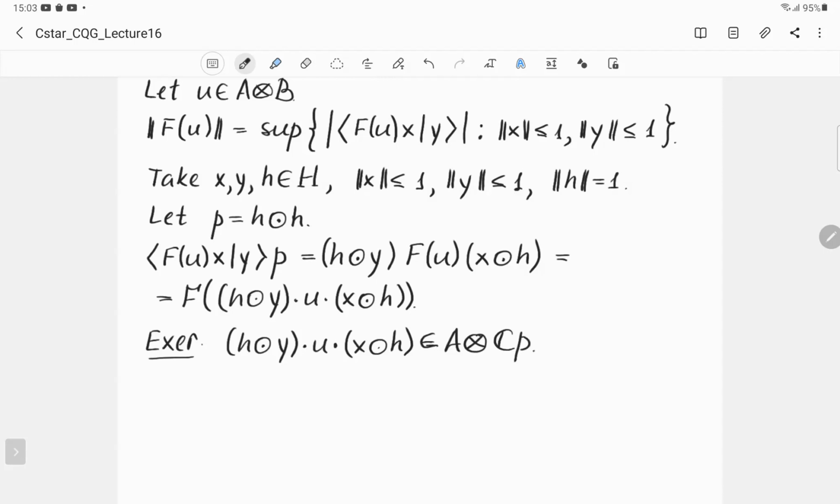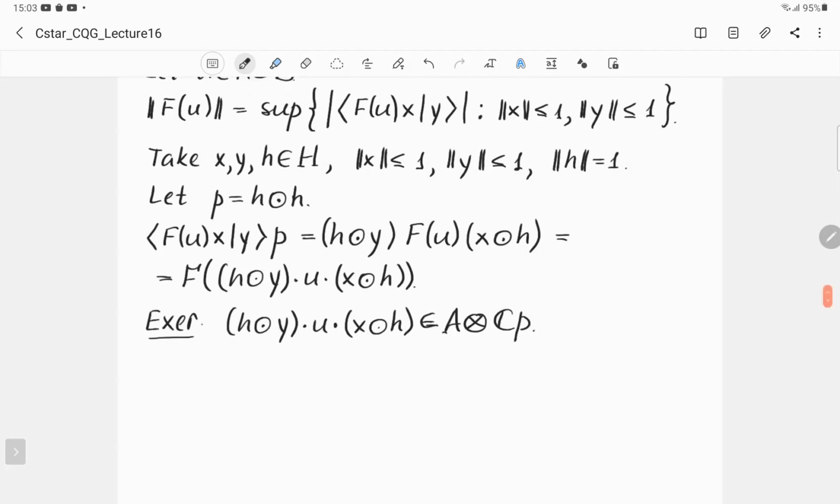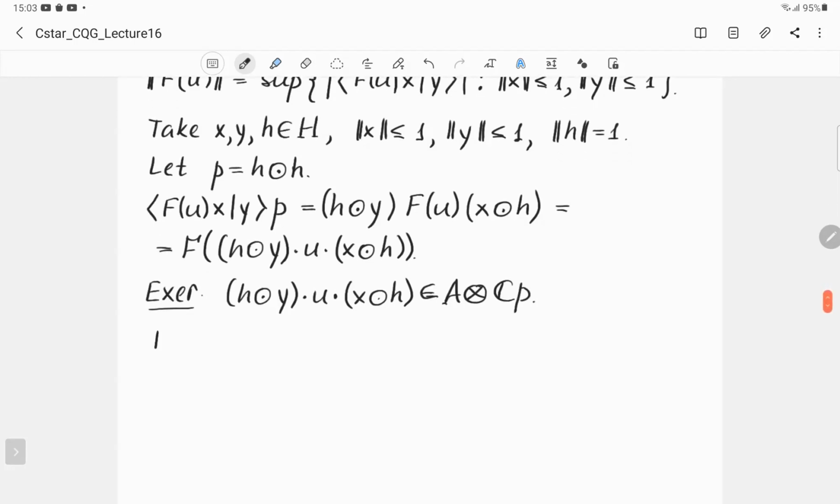To prove this, you just substitute an arbitrary elementary tensor for u and make a little calculation. So this exercise implies that this element can be written as the following simple tensor, b tensor P, for some element little b in our algebra A.